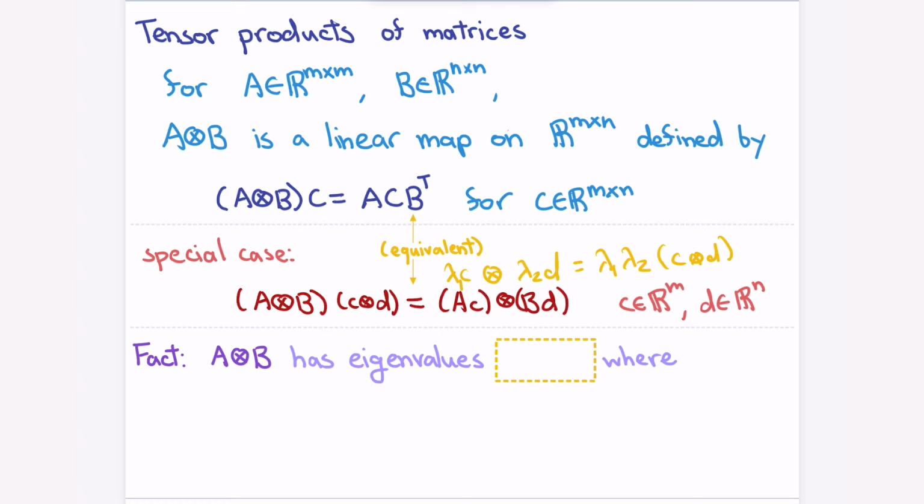So what does that mean? That means that for all the pairs of eigenvectors for A and B, their rank 1 term will give you an eigenvector for this crazy tensor product. So the eigenvalues will all get multiplied. And then to see that those are all the eigenvalues, it's just a counting argument, because you're going from m times n to m times n, so you know there's m times n eigenvalues.